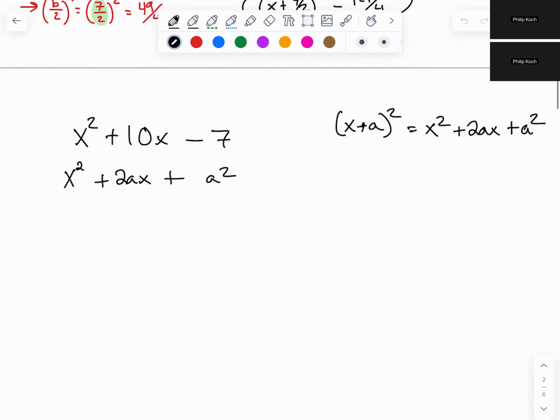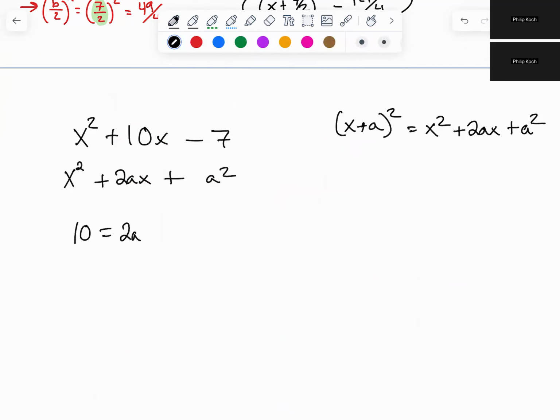Okay. So the reason why you calculate b over 2 squared is that, remember, this is the same value here. This is the same number. This is a, this is just a squared. So I want my b value to be this thing. I want 10x, or 10, to equal 2a.